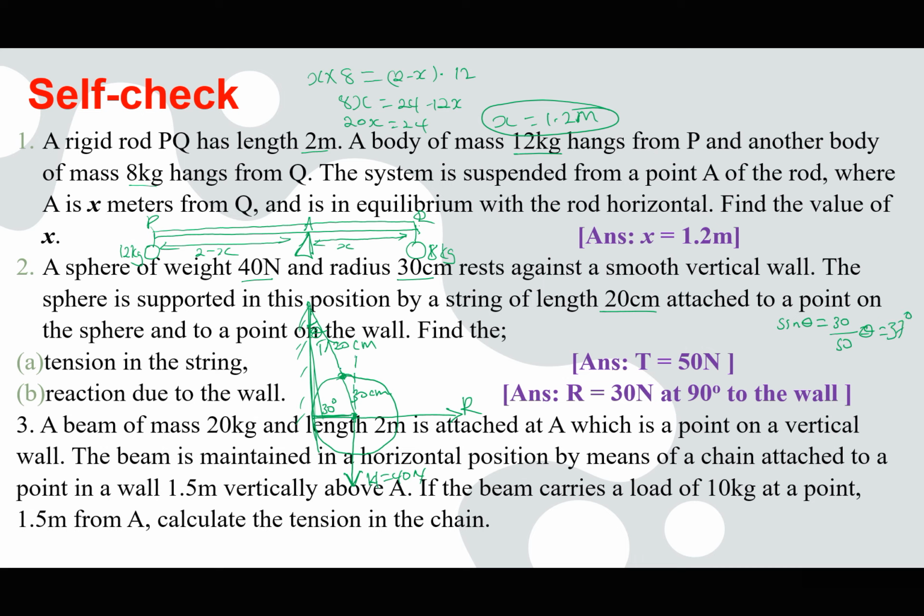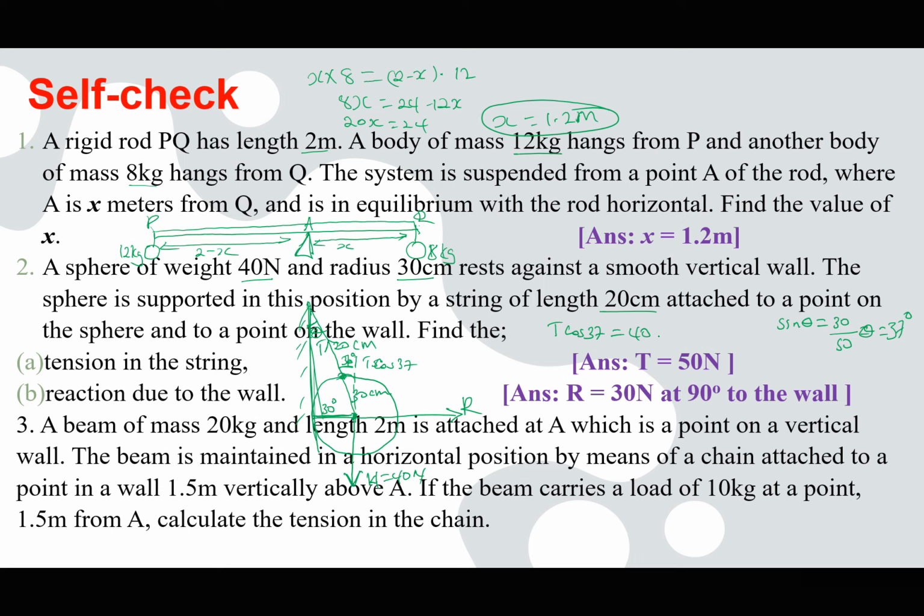So that means this angle with the vertical is 37 degrees. So if I want to find, for example, T, I have to resolve T to the vertical, and it will be T sine, no, T cos of 37. So T cos of 37 is the same as the weight, which is 40 newtons.